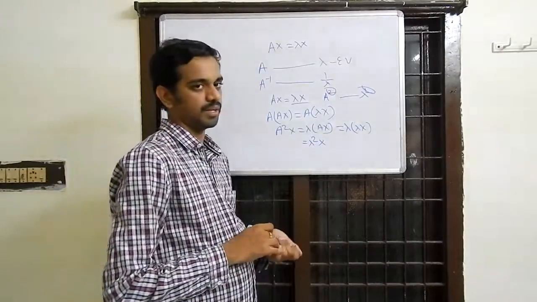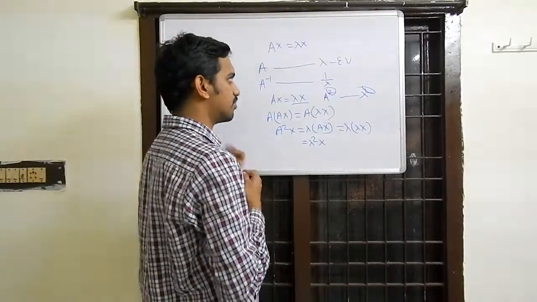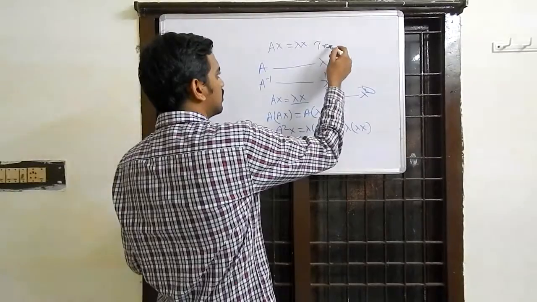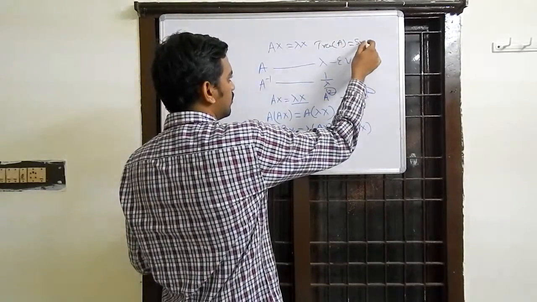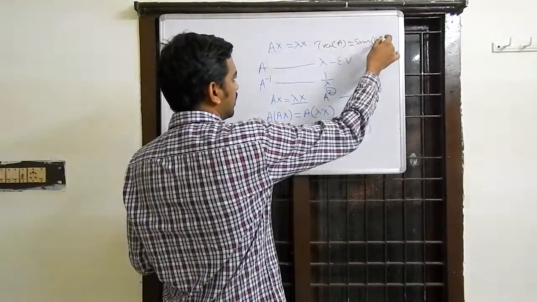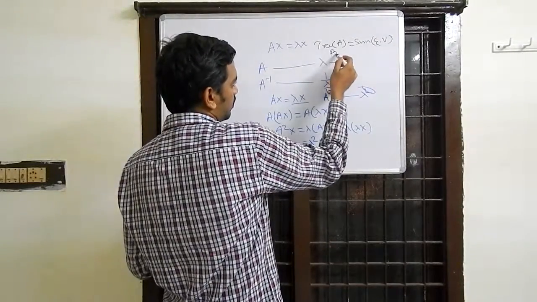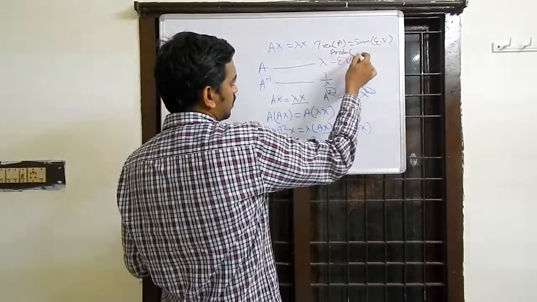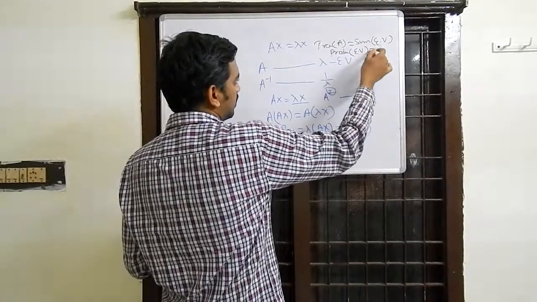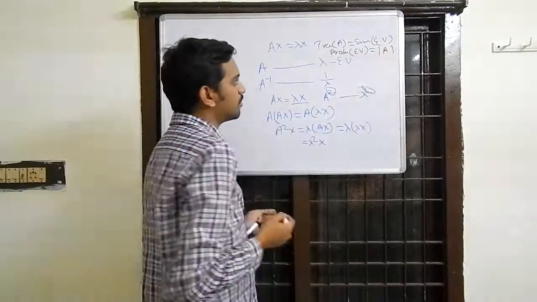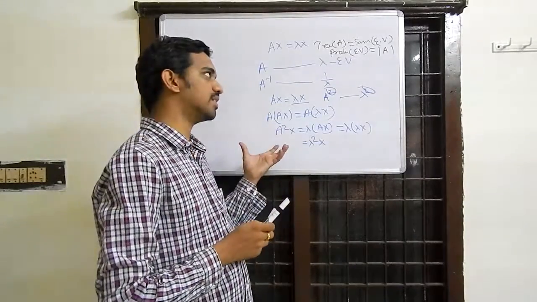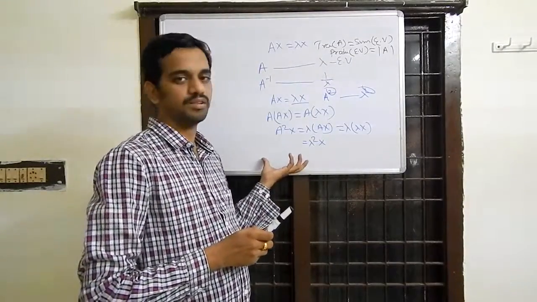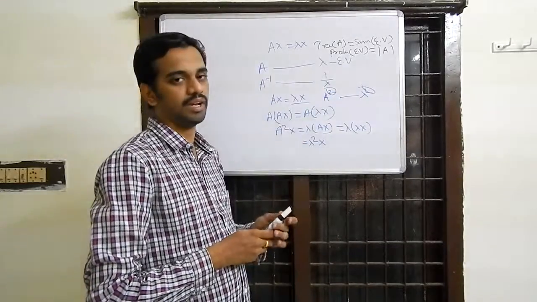This is another property. Previously we discussed that the trace of a matrix is the sum of the eigenvalues, and the product of the eigenvalues is the determinant of A. If you remember these two properties, you can simply solve for the lambda values of a 3 by 3 matrix easily. It is a shortcut, a speedy way.